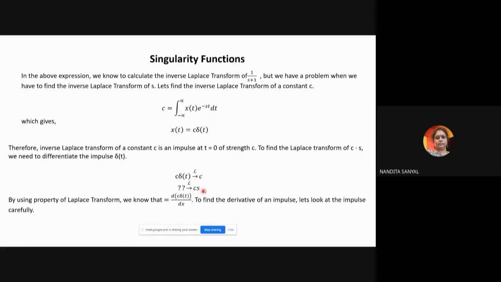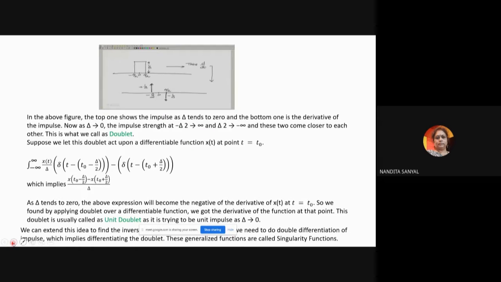But to get Cs as the Laplace transform, what should the signal be? That we have to find out. So let us differentiate C delta t, with respect to t, actually.